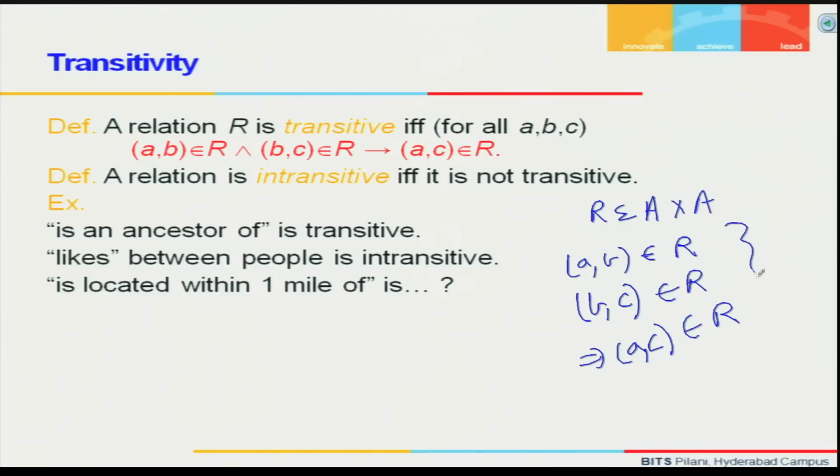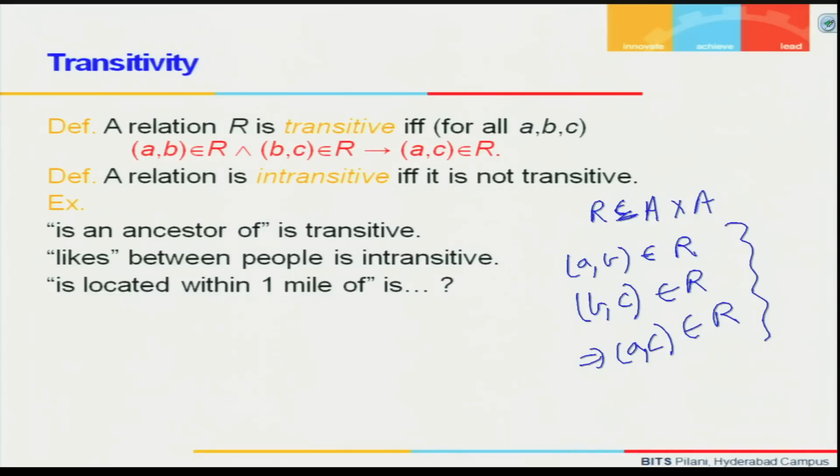If such a condition is happening for the relation R, then I say R is transitive, otherwise not. For all the tuples such that A comma B and B comma C are there in the relation, A comma C should also be there in the relation. If this particular condition is happening, then I say the relation is transitive, otherwise not.